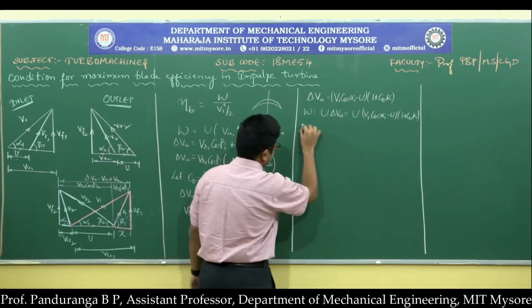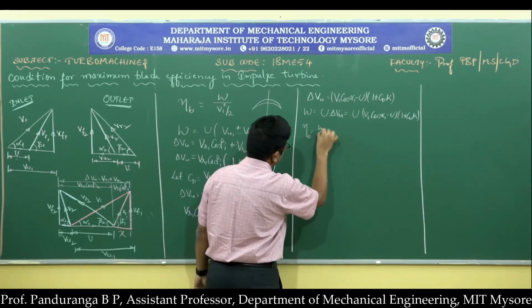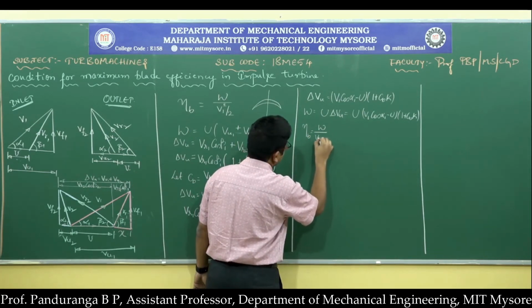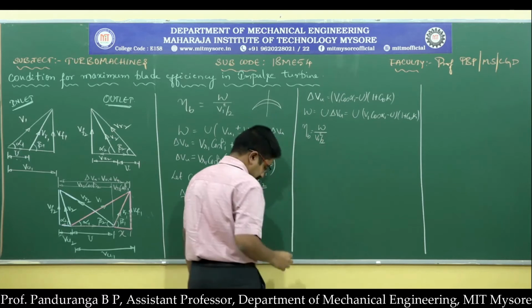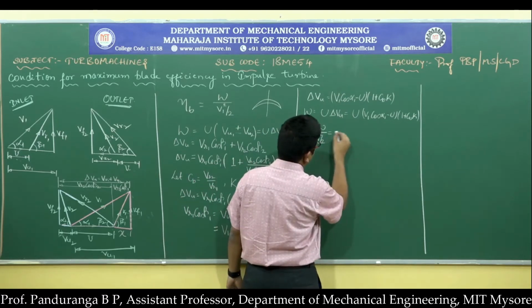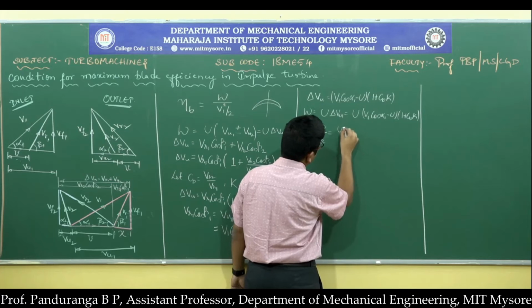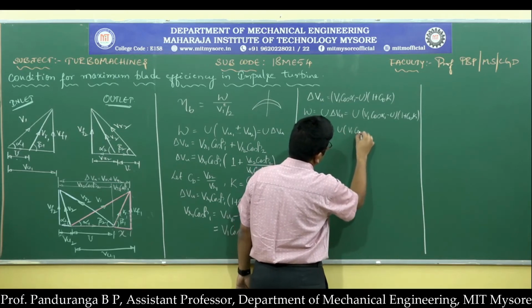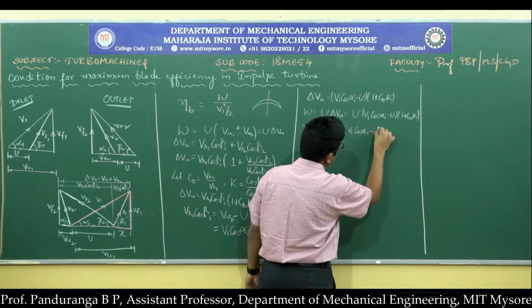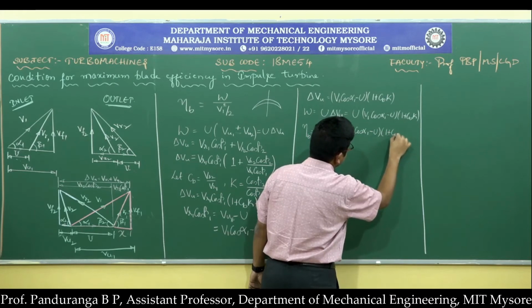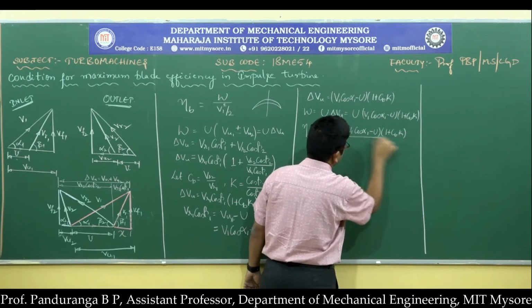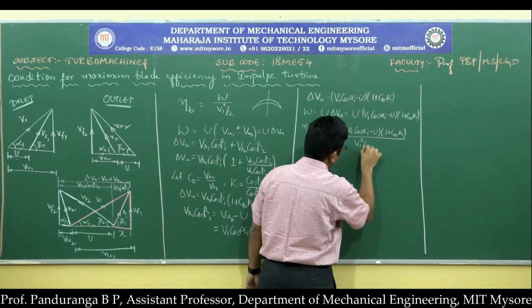So the blade efficiency eta B will be equal to W divided by V1 square by 2, and this will be equal to U into V1 cos alpha 1 minus U into 1 plus CB K divided by V1 square by 2.